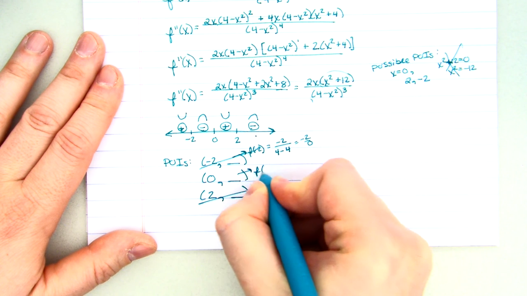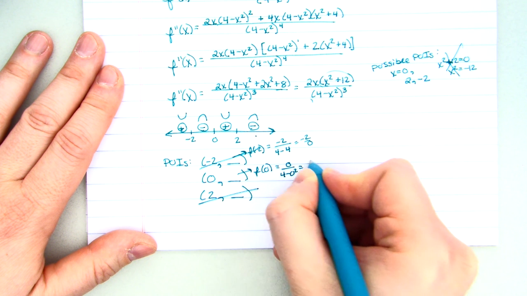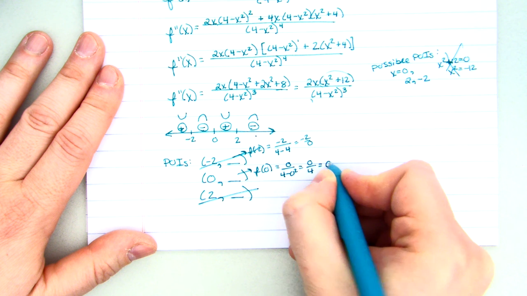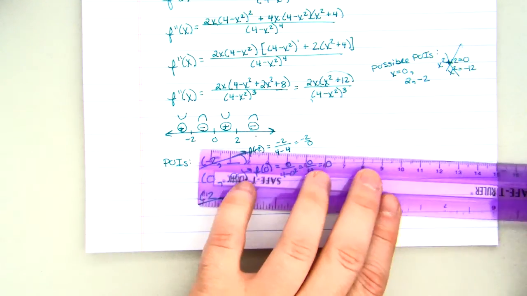Next, f of 0, this one we can do. We're going to get 0 over 4 minus 0 squared. 0 over 4, 0. Point of inflection at 0 comma 0. Okay, I think it is time to graph this. I'm going to set up some axes.